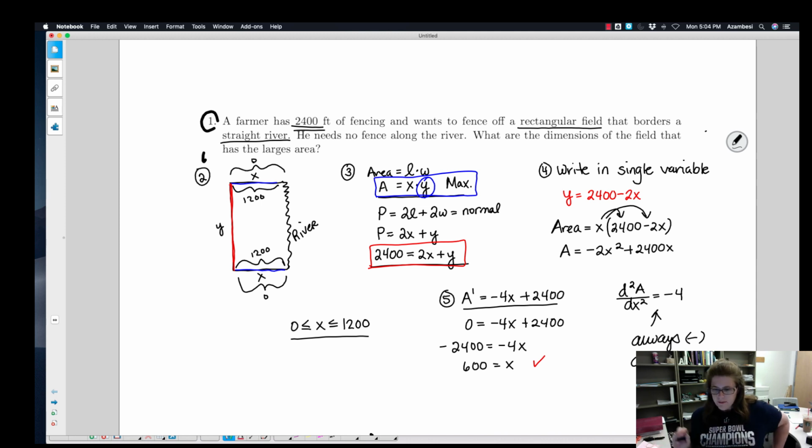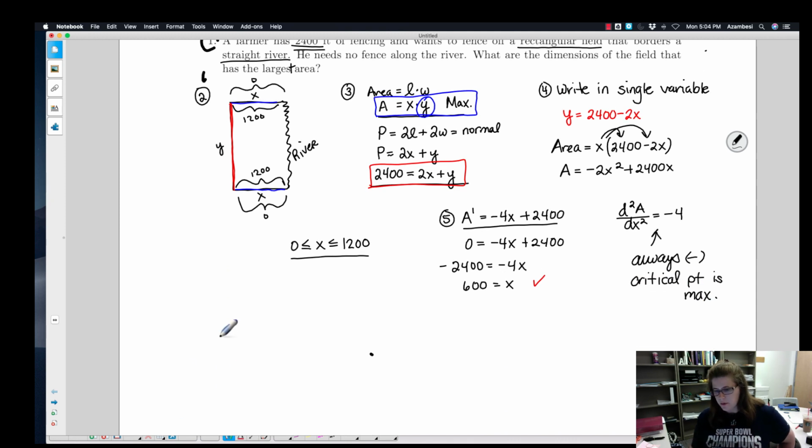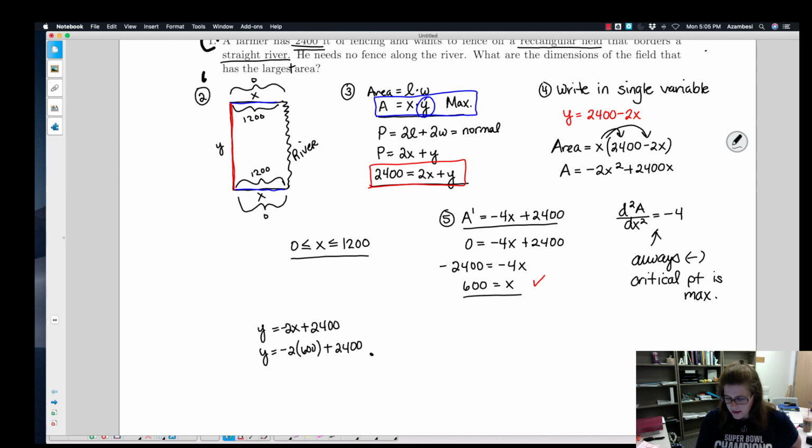All right, so what are the dimensions of the field that has the largest, I didn't even notice that the T was missing, the largest area? So we haven't really answered the question, except we found that 600 is our X value. We still have to figure out what our Y value is. So Y is equal to negative 2X plus 2400. So Y is equal to negative 2 times 600 plus 2400, giving us Y equal to 1200.